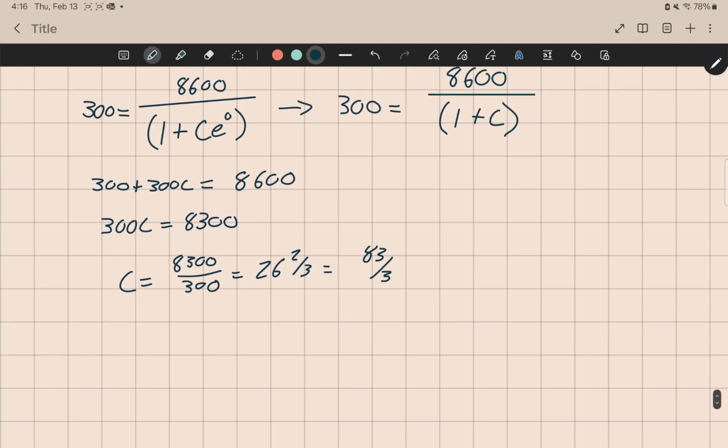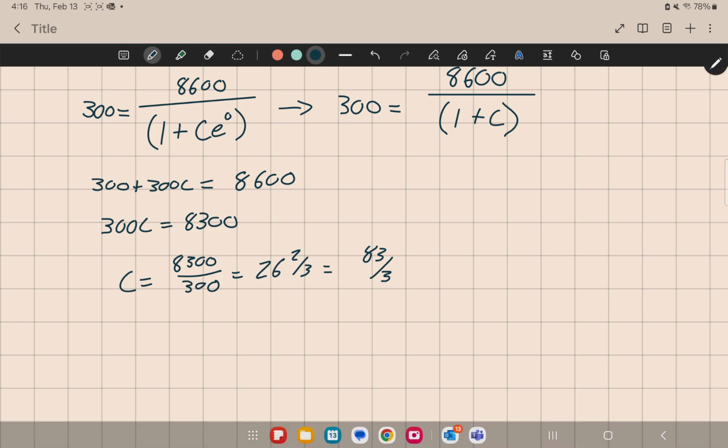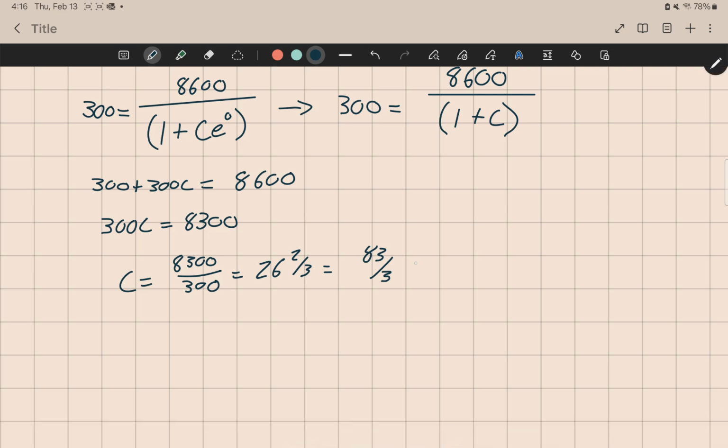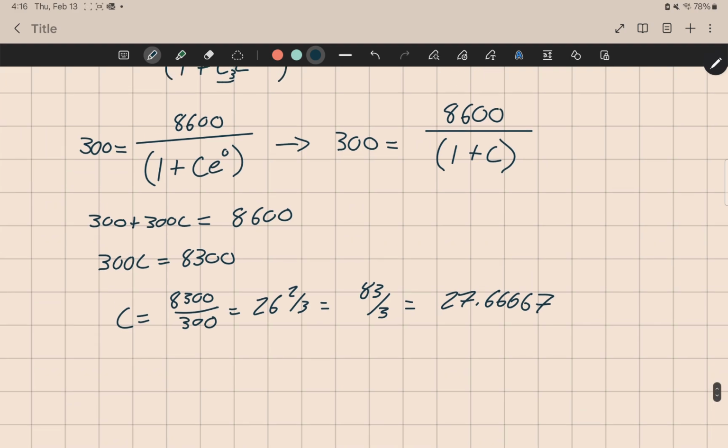So that's our C. And I think I am going to use the decimal version of this. And I'll carry out 5 decimal points just for accuracy. So we got 27.66667 is our C value.